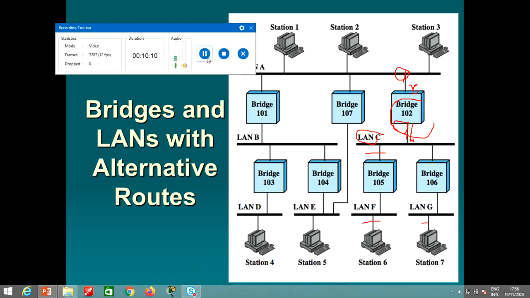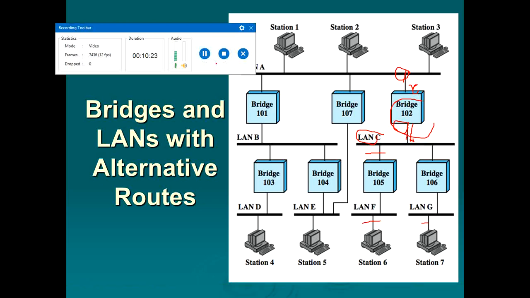For example, LAN A, bridge 101, LAN B, bridge 104, LAN E, and bridge 107 form a closed loop because, for example, if station 1 wants to send data to station 4, there exists a path.